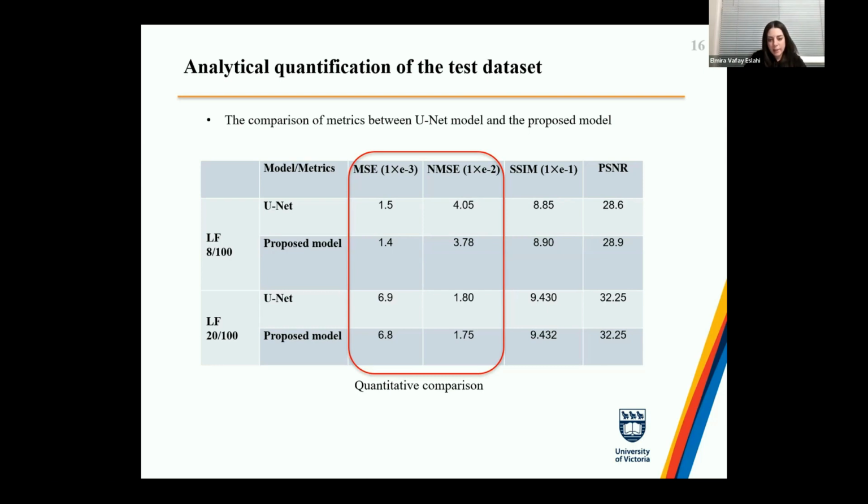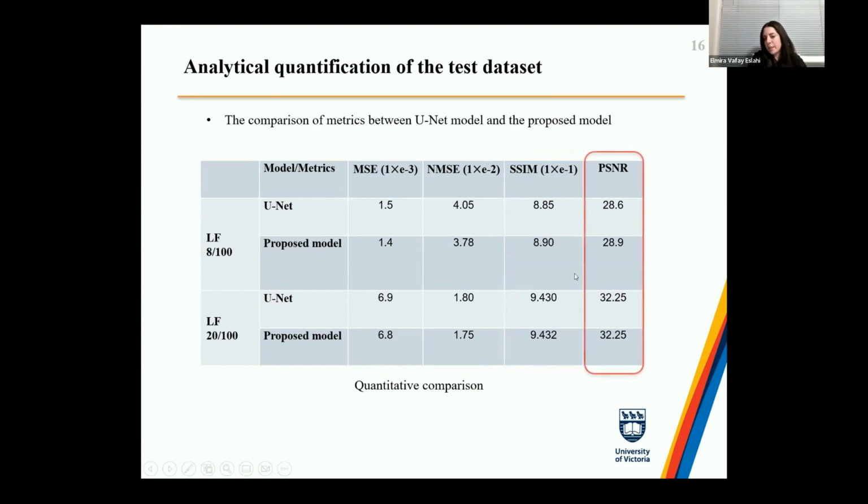So you can easily realize that the value is lower in the proposed model in both frequencies, 8% and 20%. And also SSIM, which shows similarities. We said that the higher the value, the better the quality of the image, and the similarity is more. So you can see that the values are higher. And again, in PSNR, the higher the value, the better the quality and intensity.